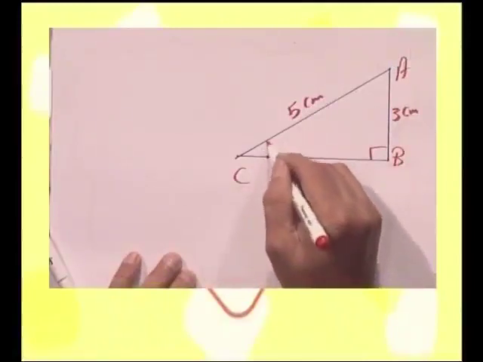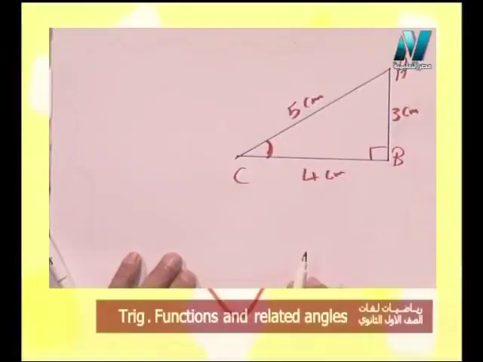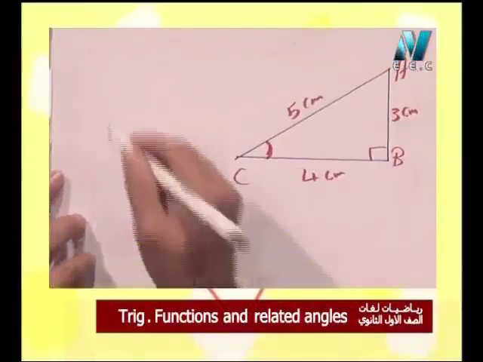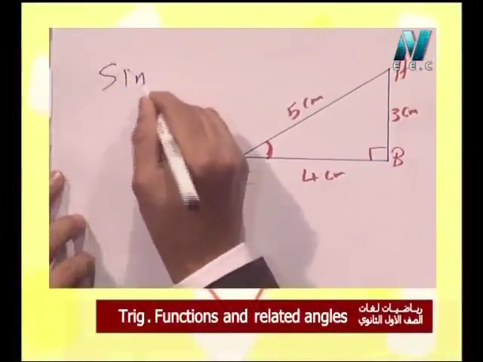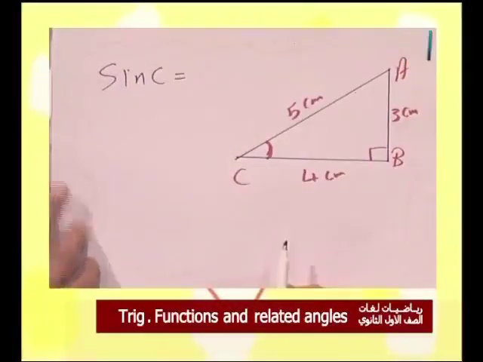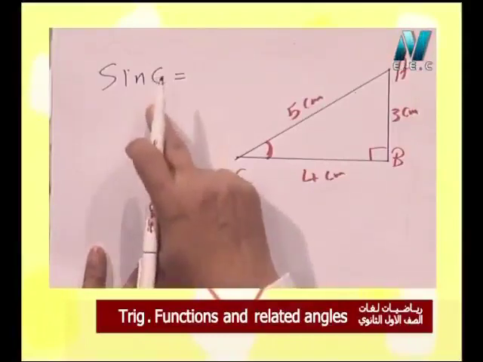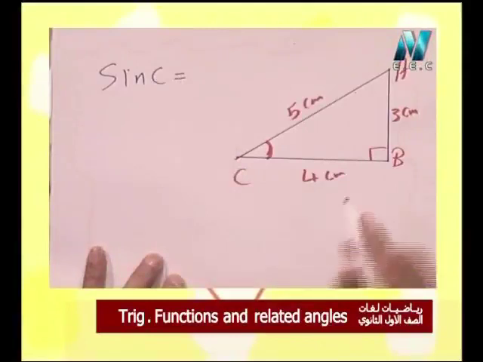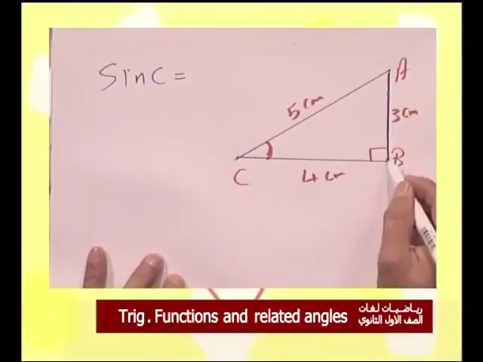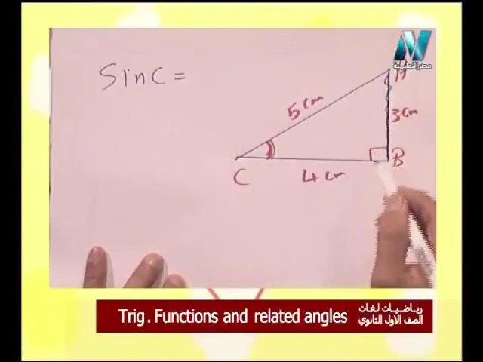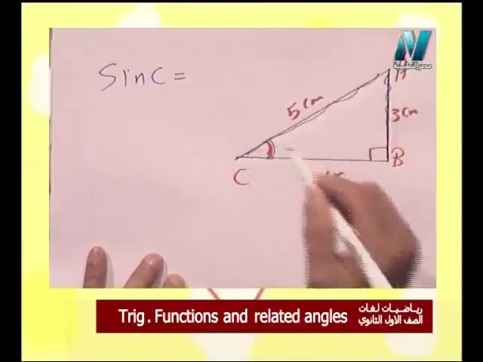We try to find the trig functions of the angle C here. We have sine C. Sine C equals what? From your studying before in Prep 3, you find out that sine C equals the opposite side of the angle C over the hypotenuse.